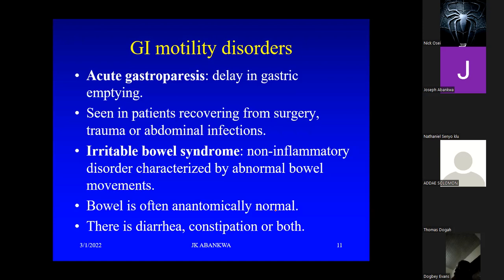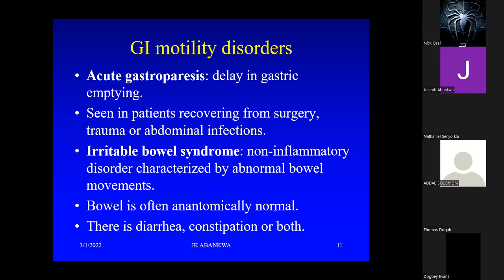Now we have acute gastroparesis, which causes a delay in gastric emptying and is mostly seen in patients recovering from surgery, trauma, or abdominal infection. Now we move on to the other side of the GI motility disorders, which is irritable bowel syndrome.